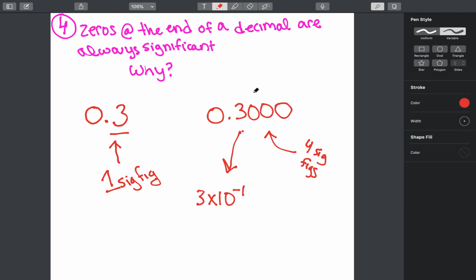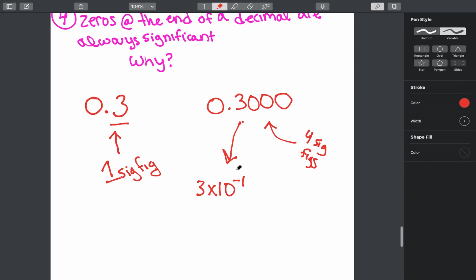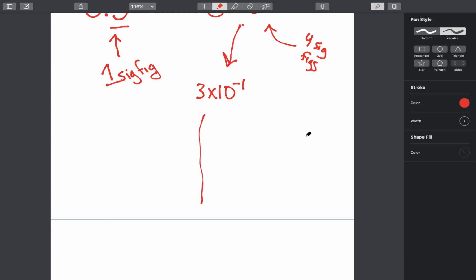So the more zeros you have after the decimal, the more precise your instrument is. However, when you have the 0.3 without the zeros after it, you're indicating that this instrument may be less precise. For instance, let's show this with these two conditions. Let's say I have these two instruments. One instrument produces this measurement and the other instrument produces the one we have above. So in this case, this instrument, number 1 here, could produce these values.